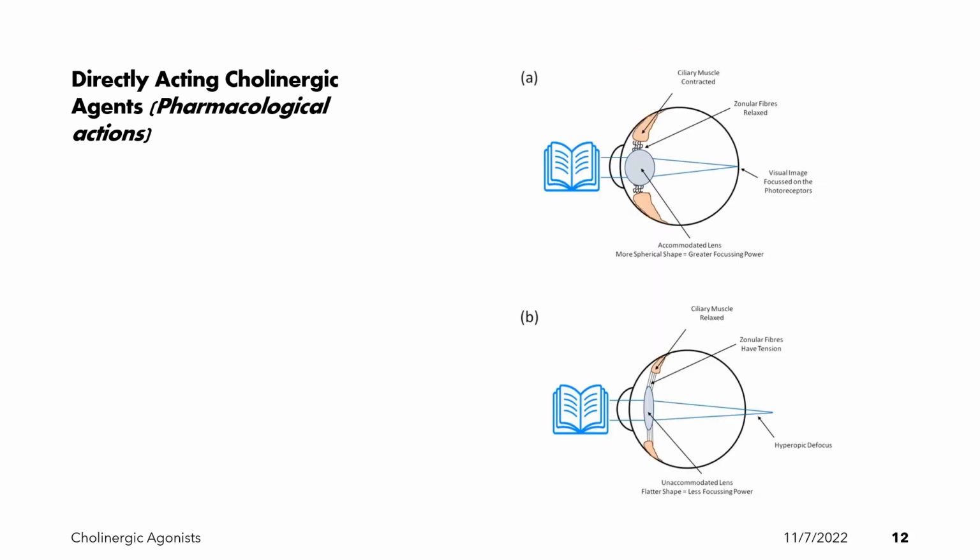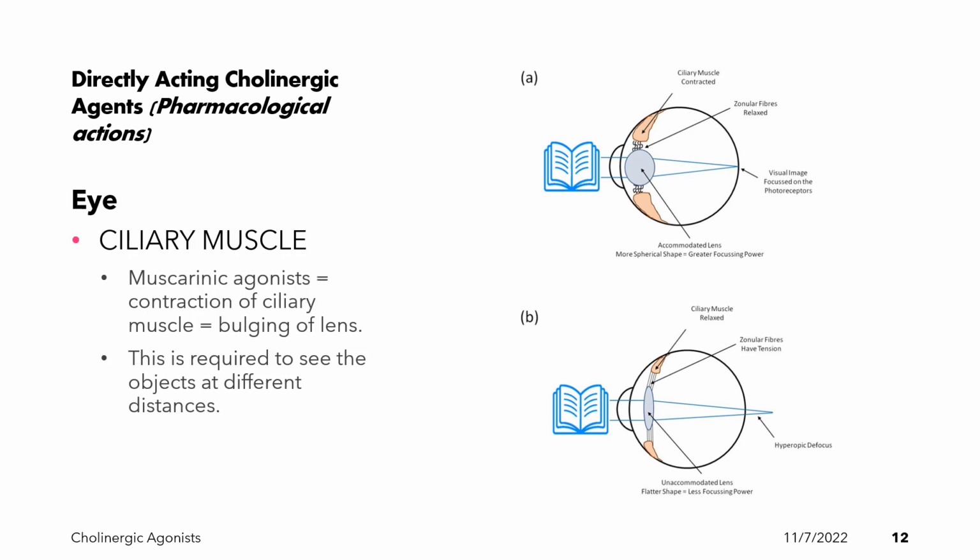Now let's see the effect of the cholinergic drugs on the second muscle, the ciliary muscle. Muscarinic agonists produce contraction of the ciliary muscle, leading to bulging of the lens. This is required to see objects at different distances.